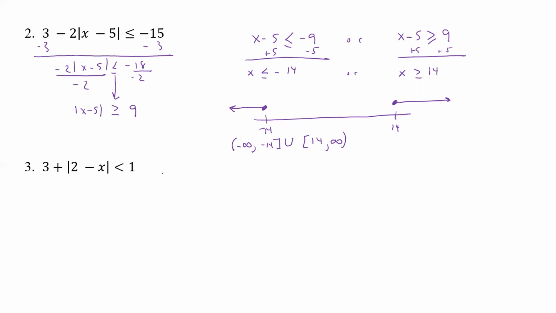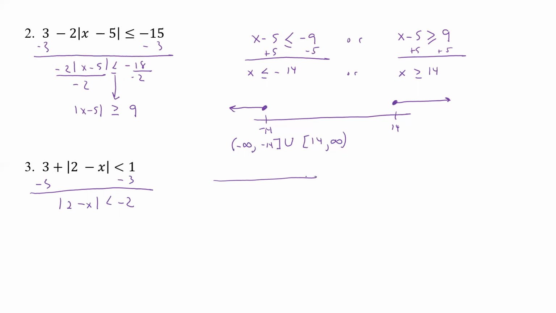All right, what about the next one? Well, we're going to subtract 3 from both sides. So the absolute value of 2 minus x is less than negative 2. At this point, we can be really clever and say, hey, how is an absolute value going to be less than negative 2?